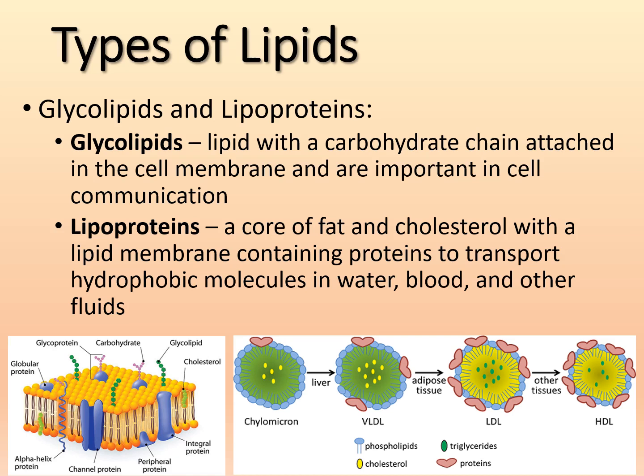So it's a way to transport these hydrophobic molecules such as fat and cholesterol in water, blood, and other bodily fluids. And the outer membrane, that lipid membrane, has these different proteins in it as well. And so there's a lot of different types of lipoproteins. The chylomicron being the most simplified form of a lipoprotein.